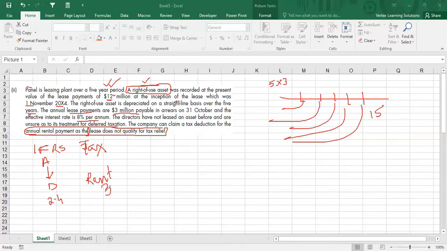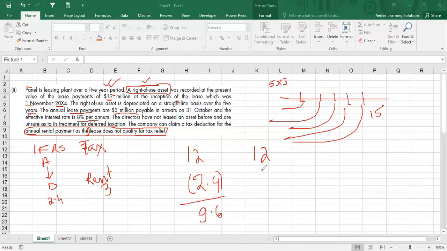Now, because of that, the value of the right of use asset and the value of the liability are going to change, because in the beginning you have a 12 million right of use asset and a 12 million lease liability. So both are the same in the beginning. But at the end of year 1, in the IFRS books the asset will be decreased by depreciation, and the carrying amount of the asset will become 9.6 million.